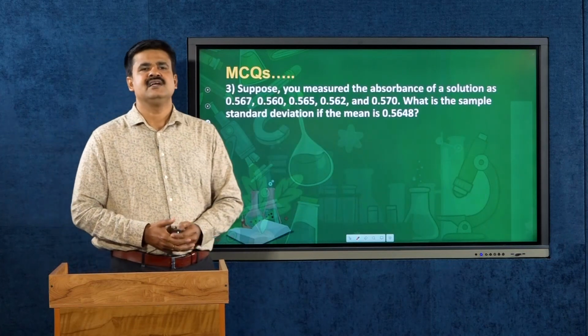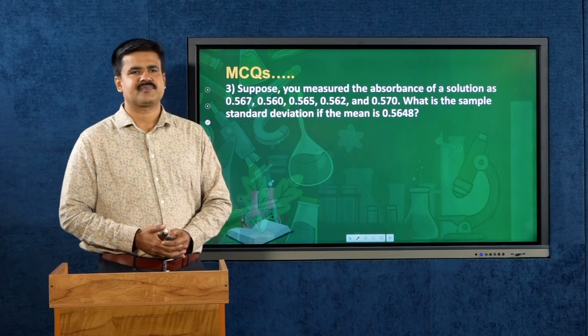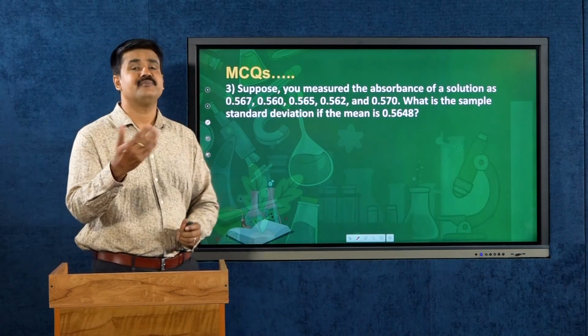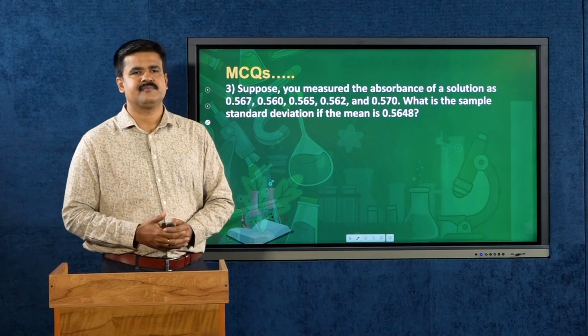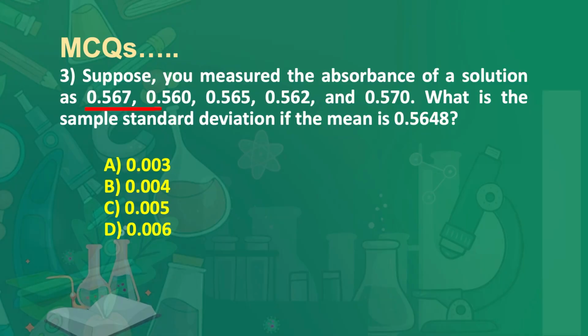Now, this is the next question. Suppose you measured the absorbance of a solution as 0.567, 0.560, 0.565, 0.562 and 0.570.